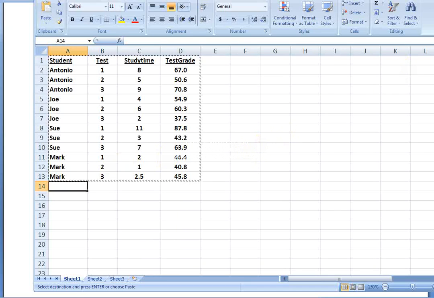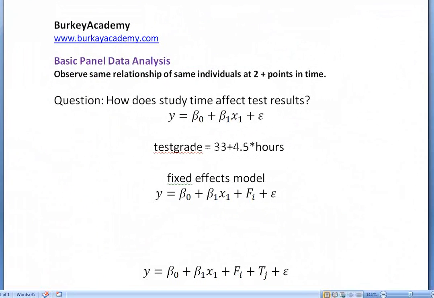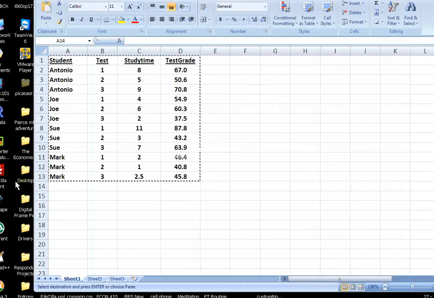Now a fixed effects model says, sorry for moving that unnecessarily, we're going to add in this little term here, Fi, for an individual specific fixed effect. We need to build that into our model somehow to say that Joe is different from Antonio, and Sue is different from Antonio, and Mark is different from Antonio, and of course they're all different from each other.